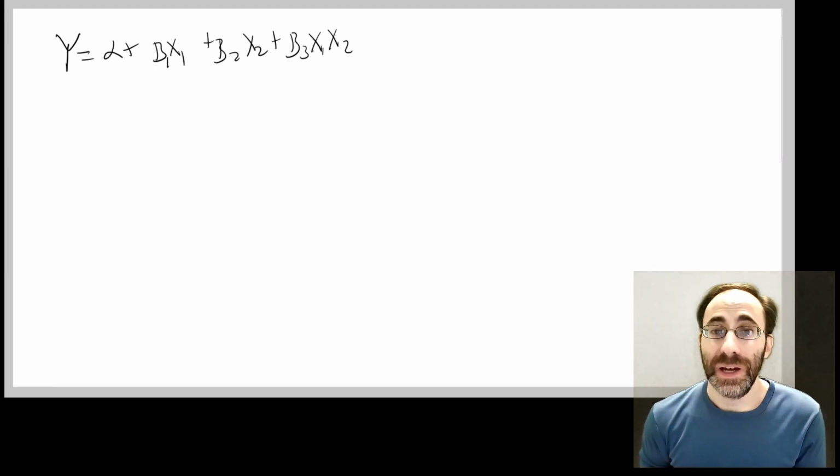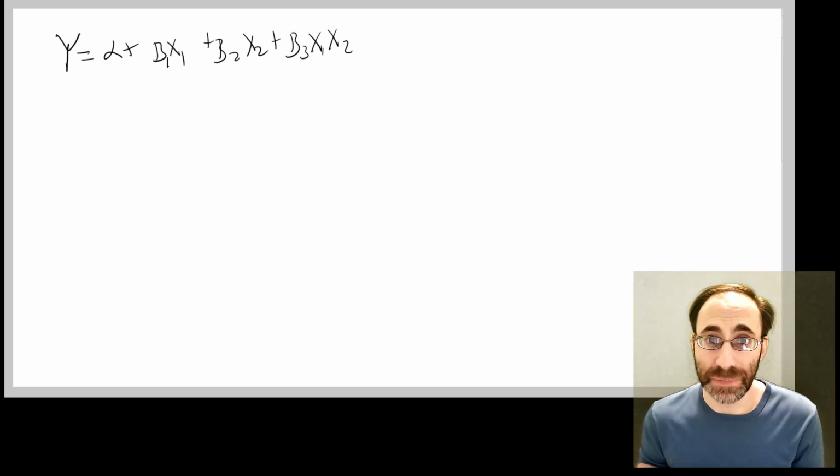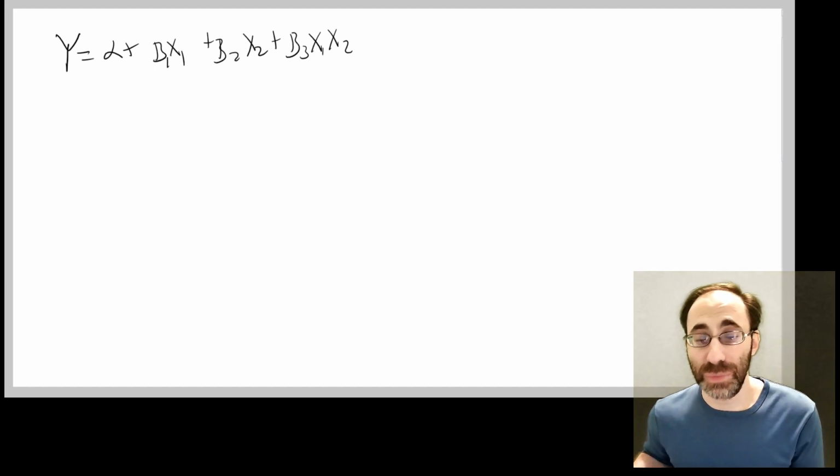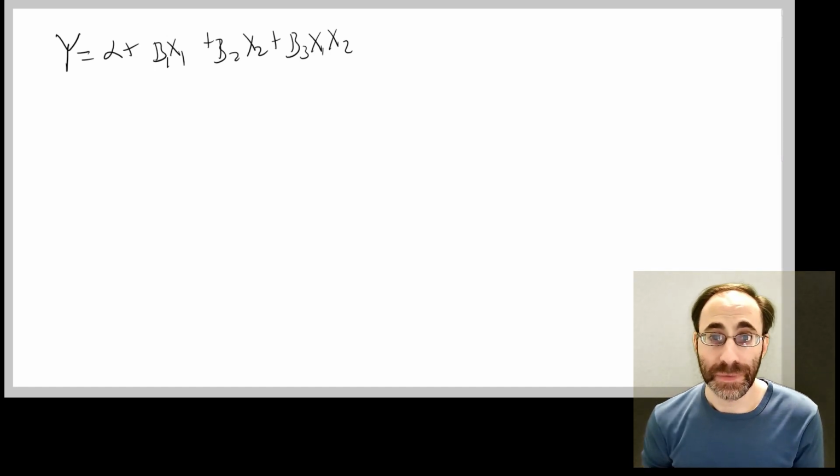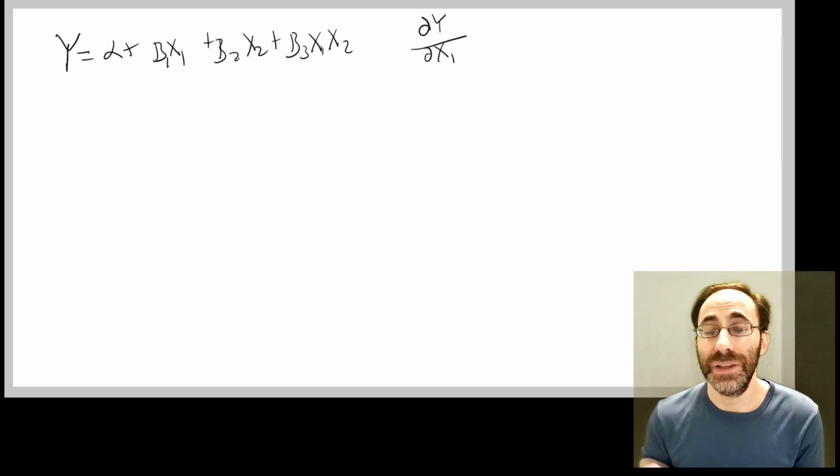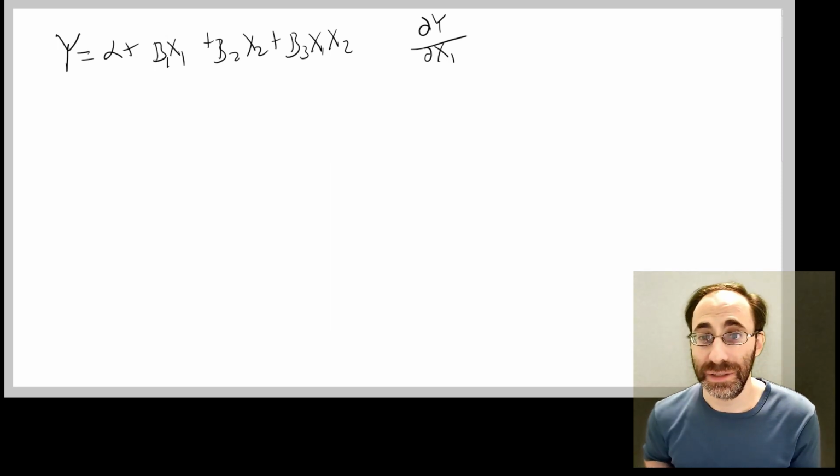Then we went further and identified the marginal effect of x1 on y. In other words, the total effect of x1 on y. We wrote that with a partial derivative, representing the rate of change of y with respect to x1 holding other variables constant, in this case holding x2 constant.